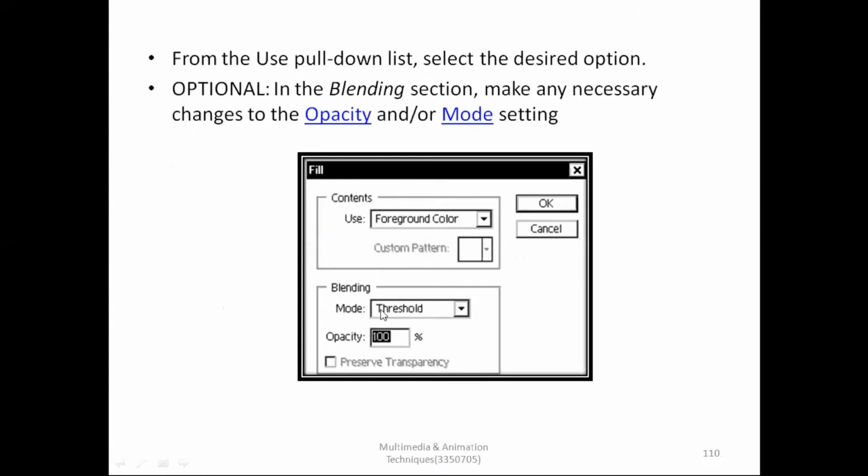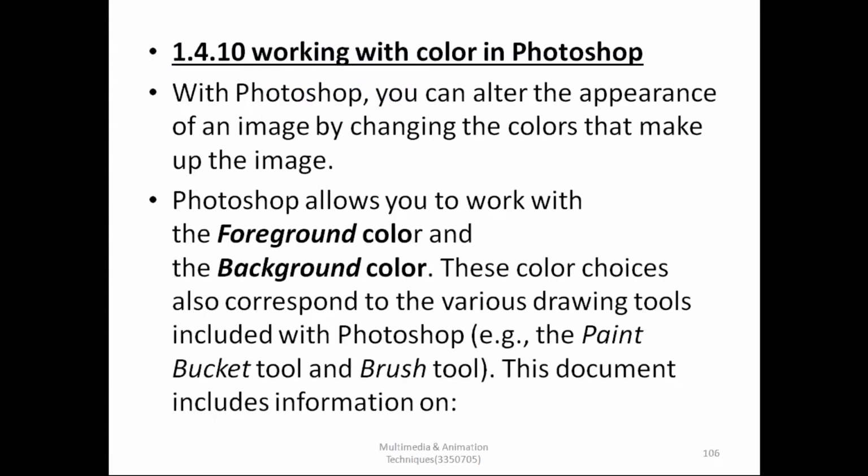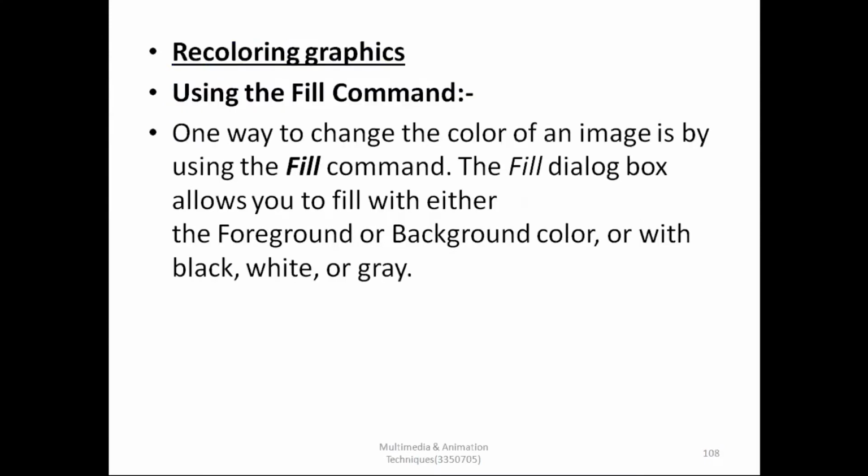Okay, now in blending, this is the optional. In blending section, make any necessary changes. You can change opacity also, you can change blend mode from here also. Okay, so this was the theoretical point of view, how to change the colors of particular image, or how to select a color and how to recolor your graphics.